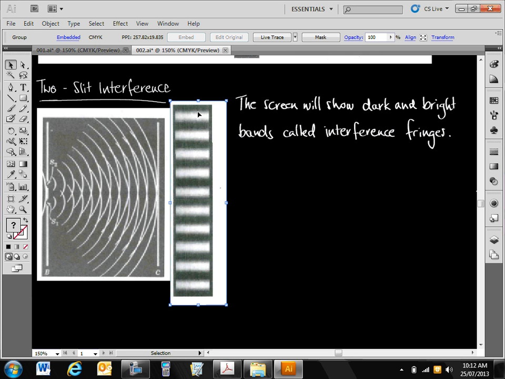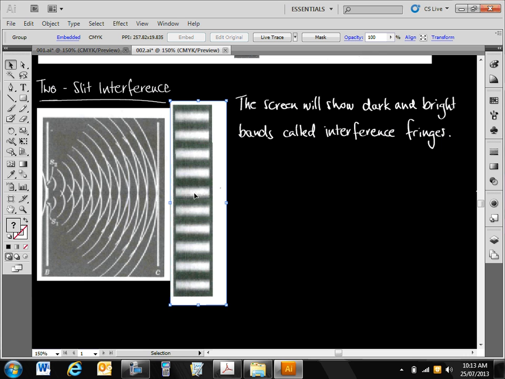The intensity of each of the bands is equal. They are as bright as each other. And we have these dark areas here, which we call dark bands. The screen will show dark and bright bands called interference fringes. So we call each of these an interference fringe.